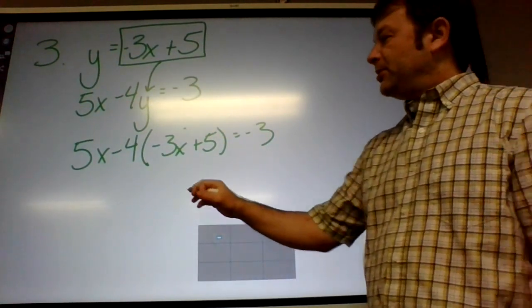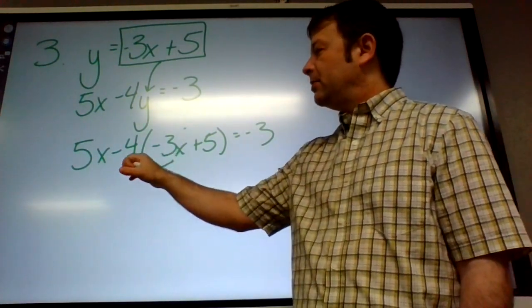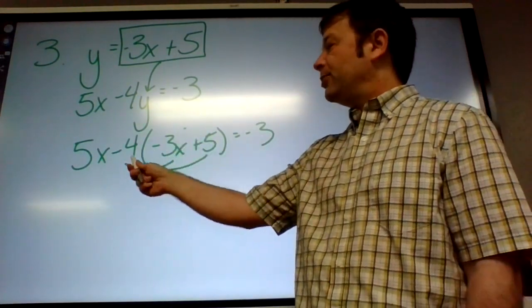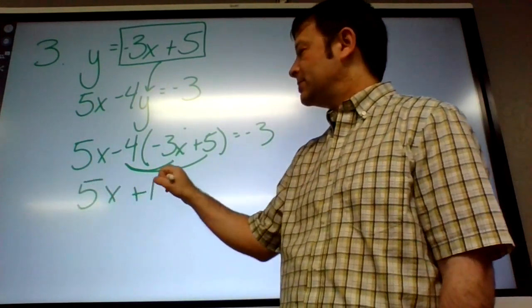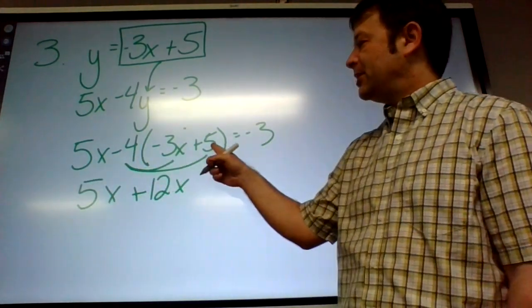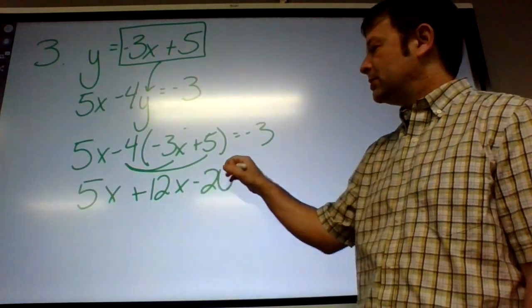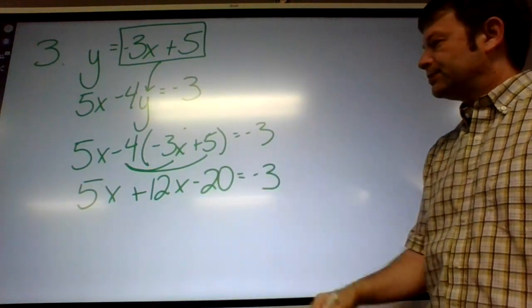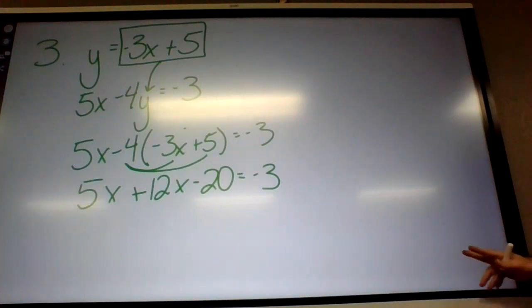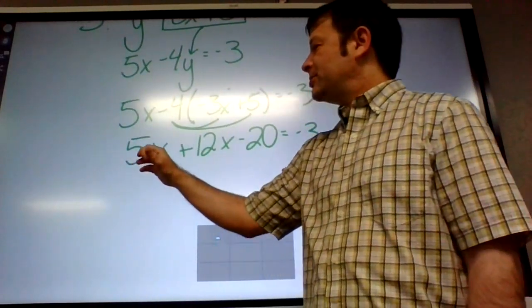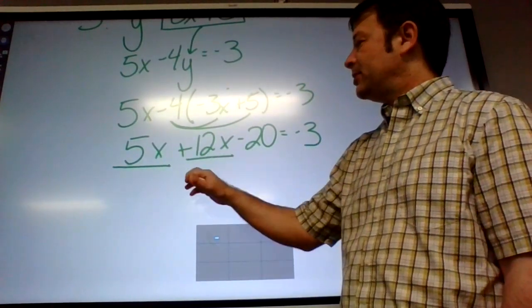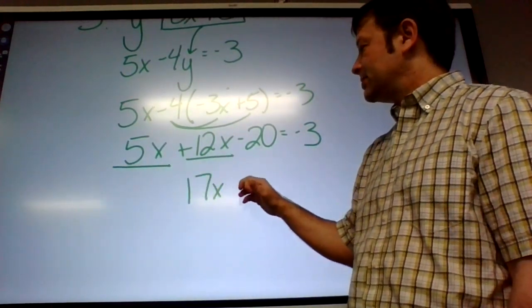Okay, so when you distribute, make sure you bring the negative with you on both of them. Negative 4 times negative 3 is positive 12x. Negative 4 times 5 is negative 20. Five x plus 12x is 17x.